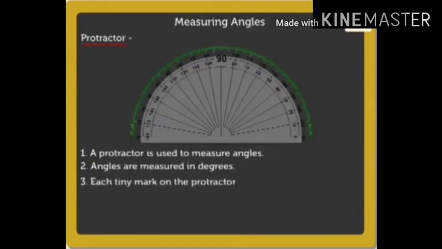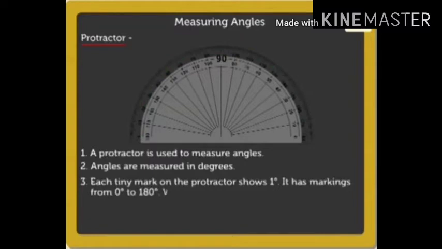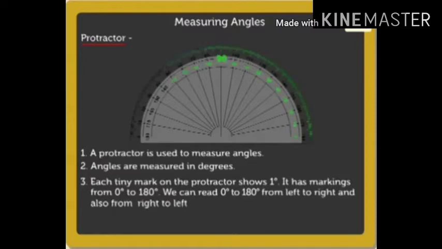Each tiny mark on the protractor shows 1 degree. It has markings from 0 degrees to 180 degrees. We can read 0 degrees to 180 degrees from left to right and also from right to left.